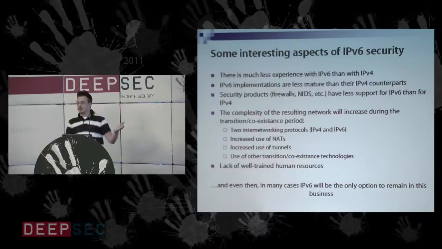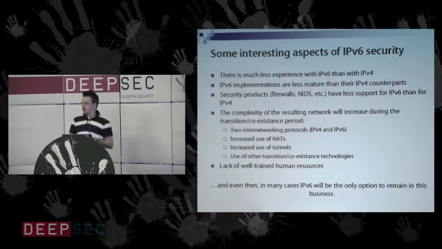I have tried to summarize here the ones that I think are most important. First of all, we have much less experience with v6 than we have with IPv4. And that's important because no matter how good or bad the technology may be, if the personnel deploying that technology is not very knowledgeable about it, probably the quality and the security of those deployments is not going to be quite good.